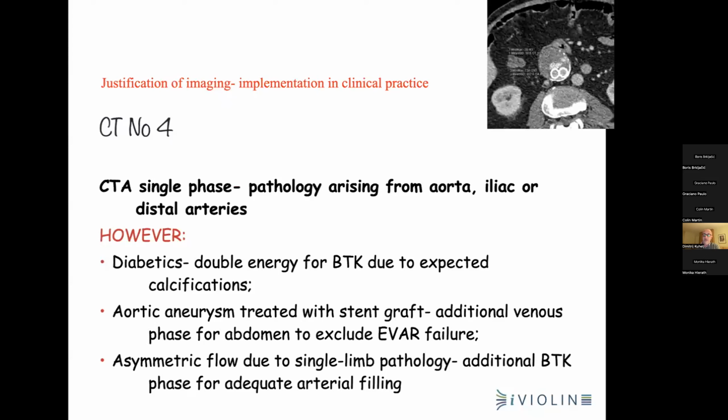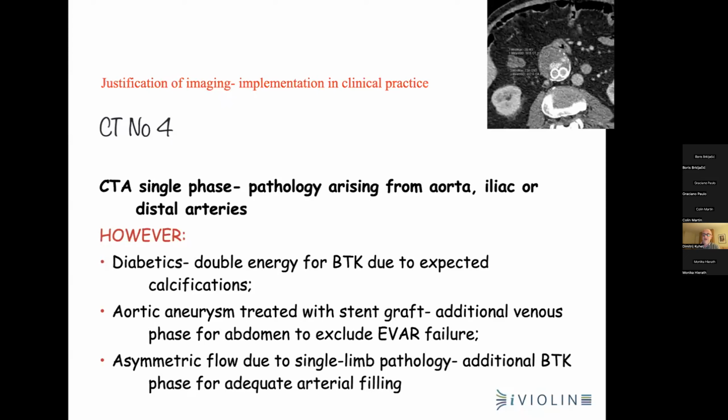However, if you have a diabetic patient, dual energy for below the knee arteries should be performed because we are expecting calcification. And here we will raise the dose intentionally because we want to have a good clinical outcome.